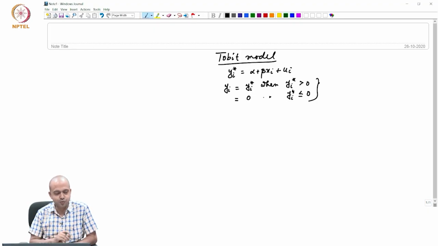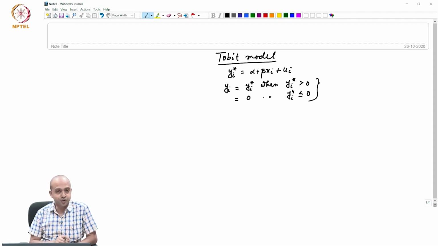We have two types of observations, one for which yi takes the value 0 and the other for which yi takes a value greater than 0, and we also discussed the likelihood function combining these two.